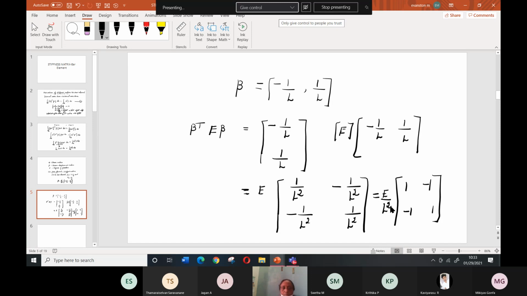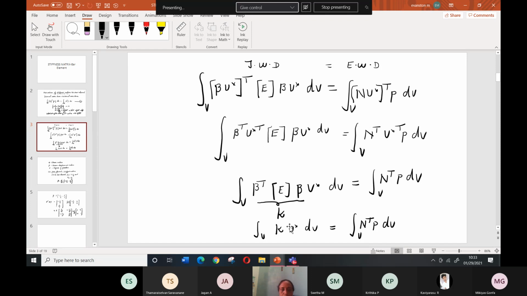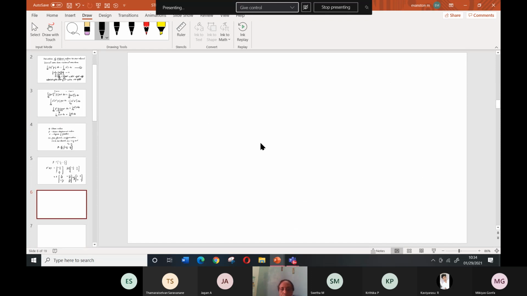So now I have to find out the integral value of this. Am I correct? The integral of beta transpose E beta dV. So the integration of beta transpose E beta is over the volume.